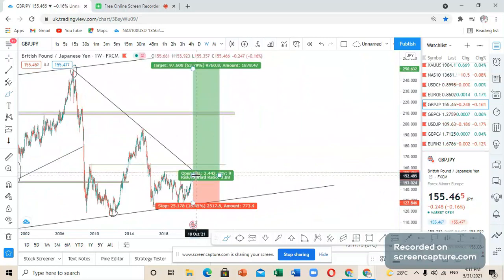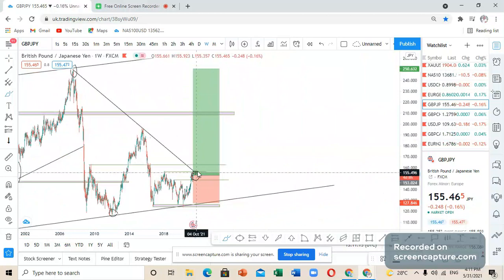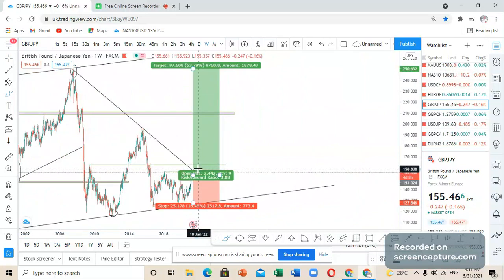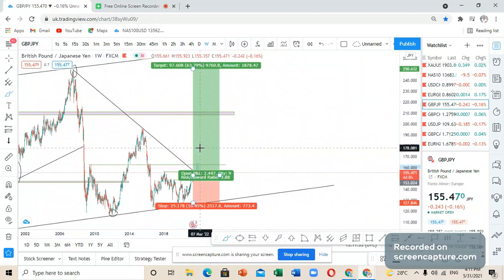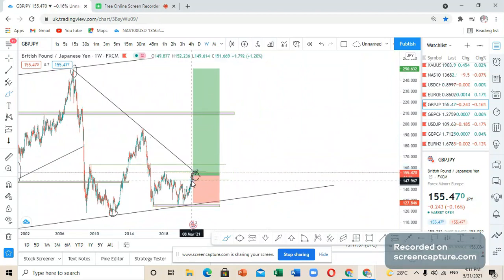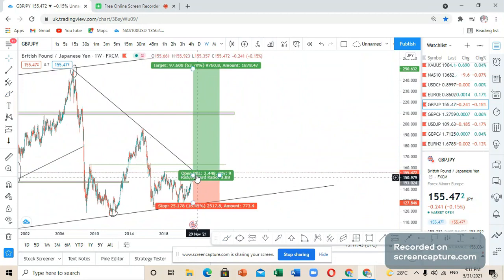I'm expecting a breakout in this position, and that breakout is going to confirm to me that the market is surely planning to move to the upside. Remember, we have been having several touches on this trend line below here. So this breakout is going to confirm that the market is ready to move to the upside. That is why I'm expecting a breakout to the upside.